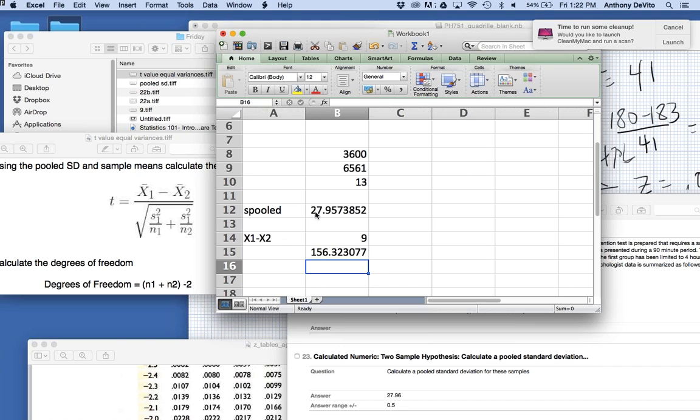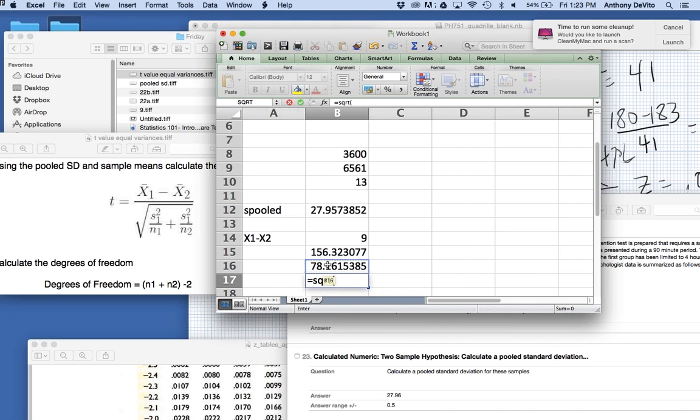Okay, the next segment of this formula that's under the square root sign is going to be equal to, this time, again, the pooled standard deviation times itself, divided by the sample size for that group, which was 10. Okay, now I'm going to actually calculate my t-value. Well, actually, let me do that square root first.